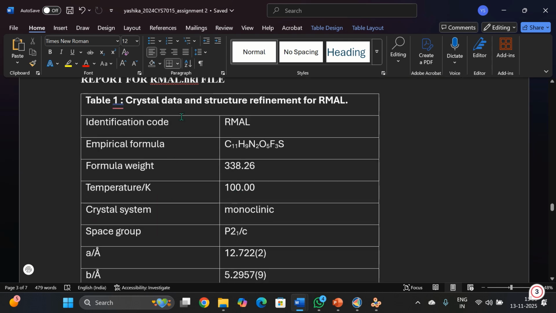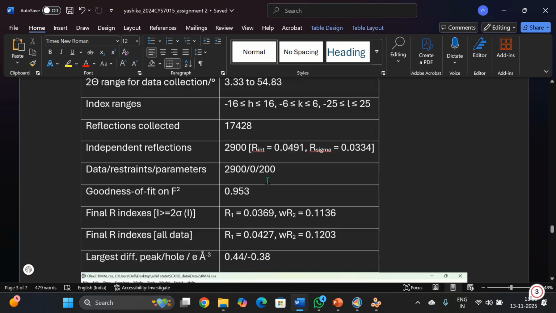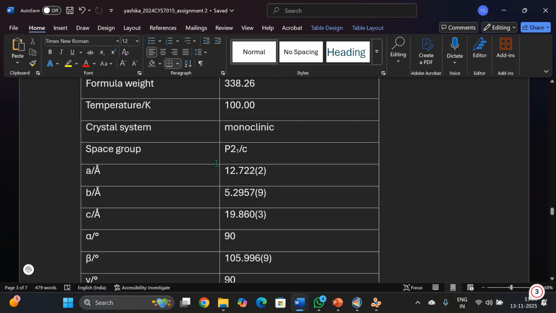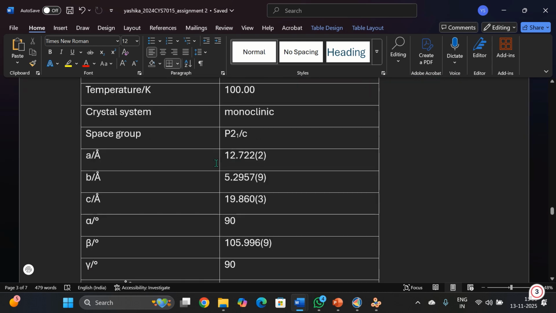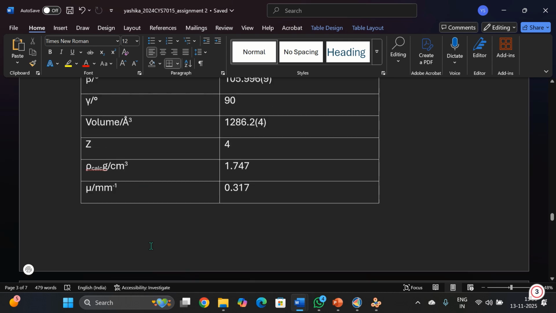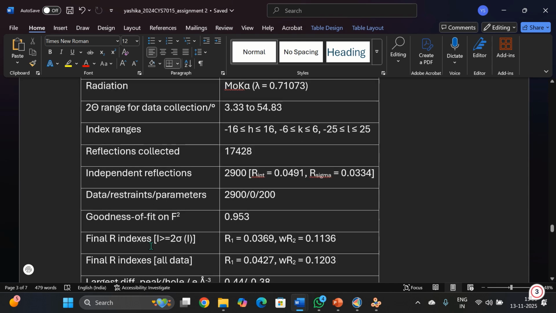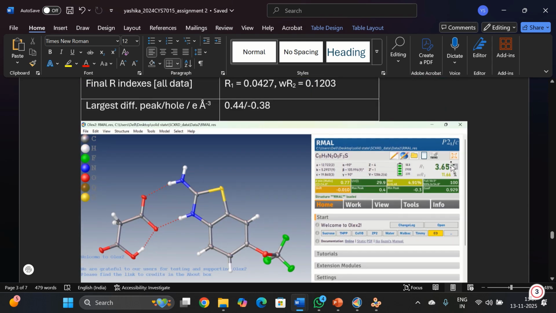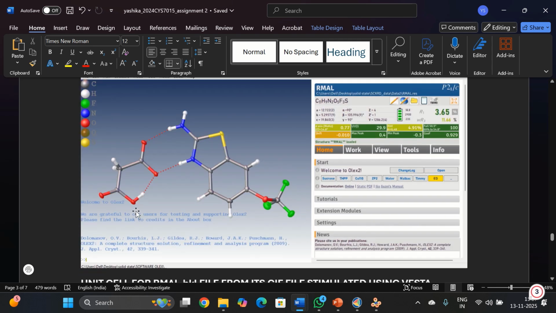We can see from the report we have created using Olex software, by solving and refinement of the structure, that it looks like this. It has a monoclinic crystal system with these unit edge length parameters and interfacial angles, and other information. And we can see that there is a good agreement of the R factor, which means that it closely resembles the original structure.